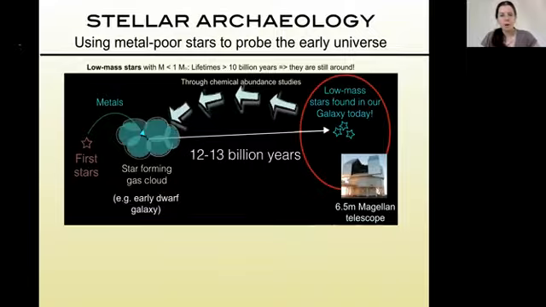And so the outer parts are exactly the material with exactly the same composition as the star-forming cloud from which they are formed. And so we have this opportunity to use these stars as tools to study the chemical composition of the early gas clouds.